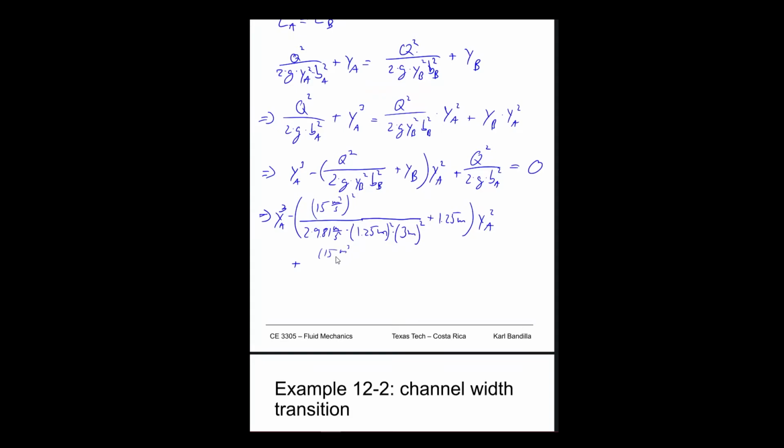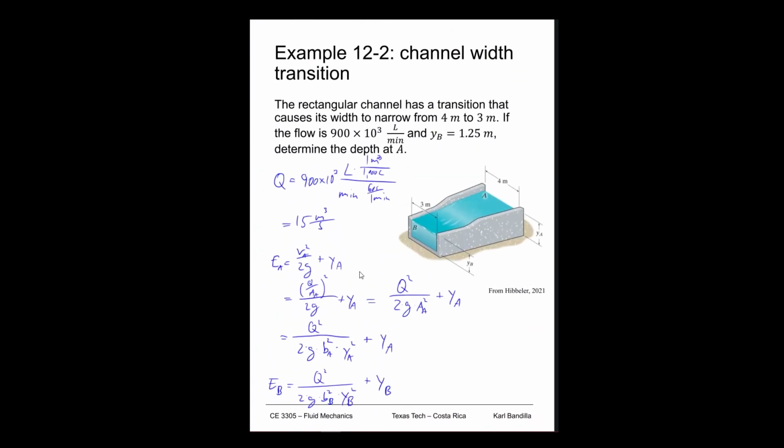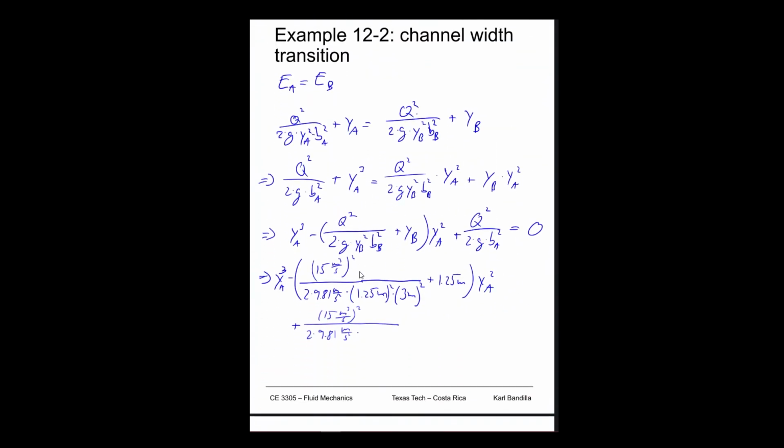15 cubic meters per second squared divided by 2 times 9.81 meter per second squared times the width at B was 4 meters squared equal to 0.